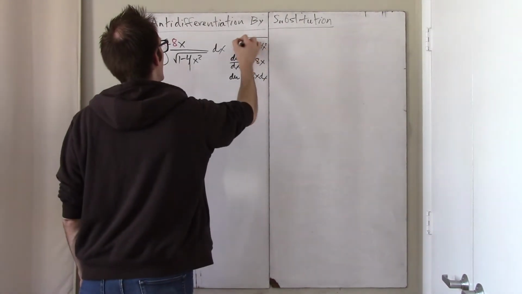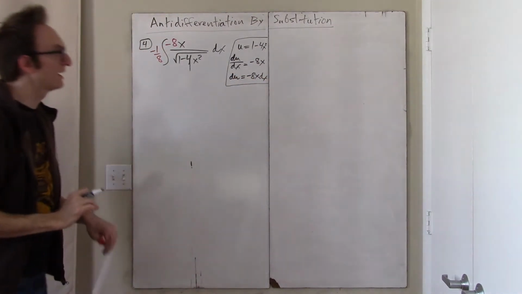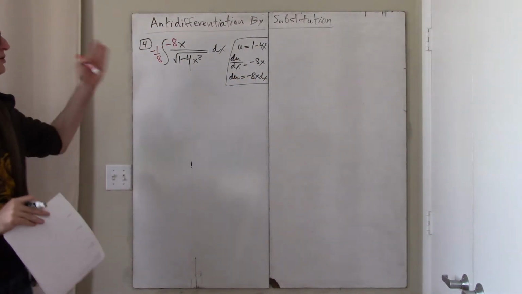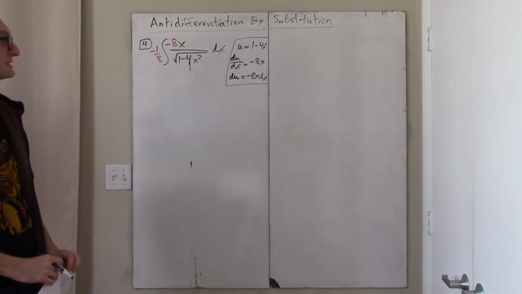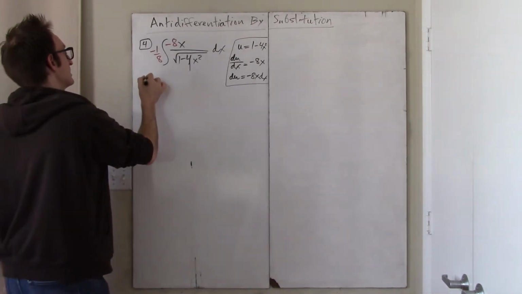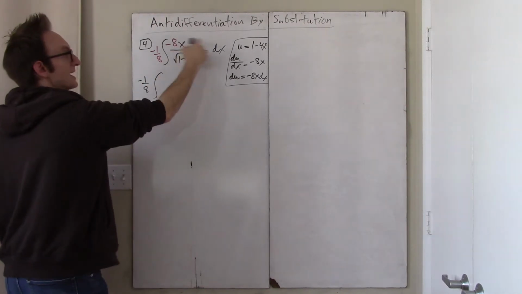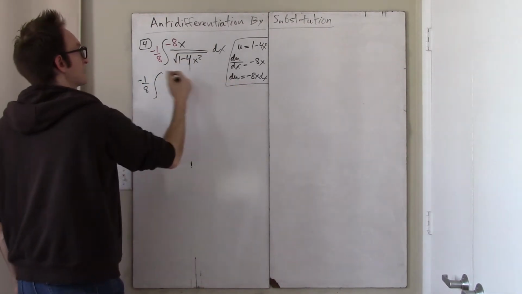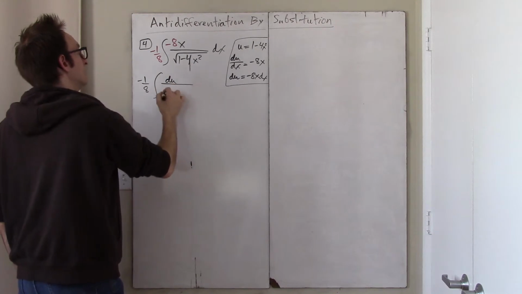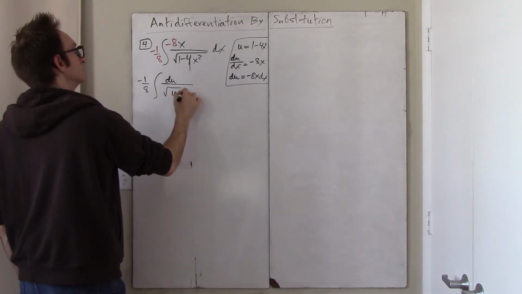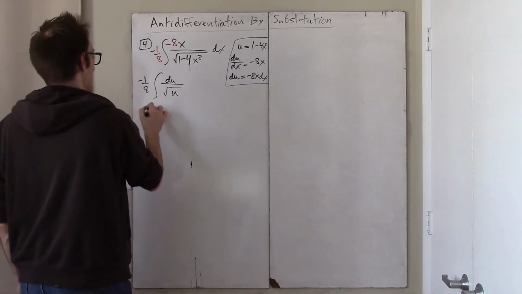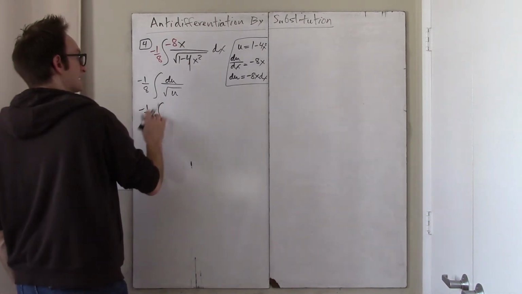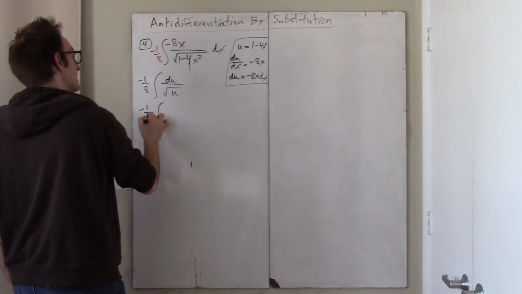So this whole method is all about defining new variables in order to simplify the thing that you're antidifferentiating so that it's easier to do. And so what do we end up with? Negative 1/8 times negative 8x dx is just precisely du over root u. Now things are far simpler, and I can rewrite this in antidifferentiation friendly form.